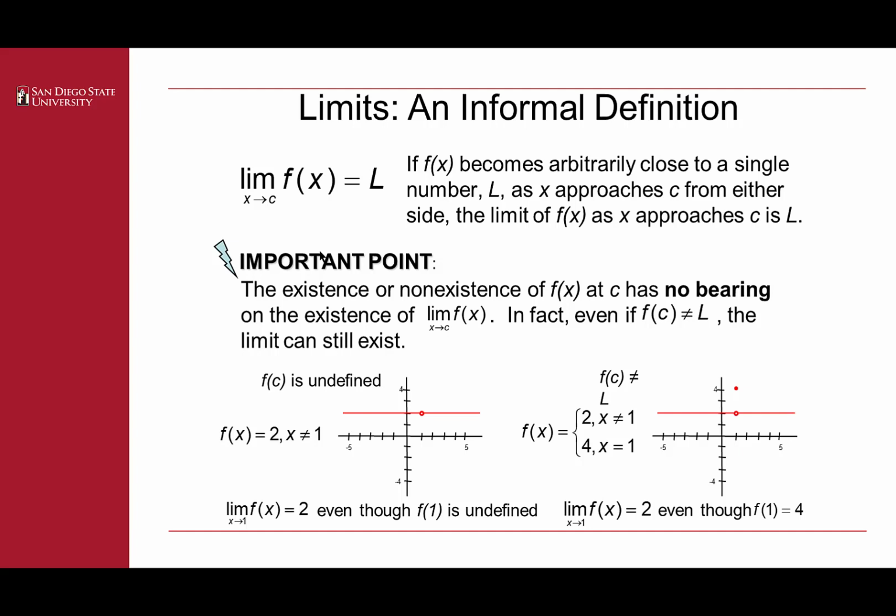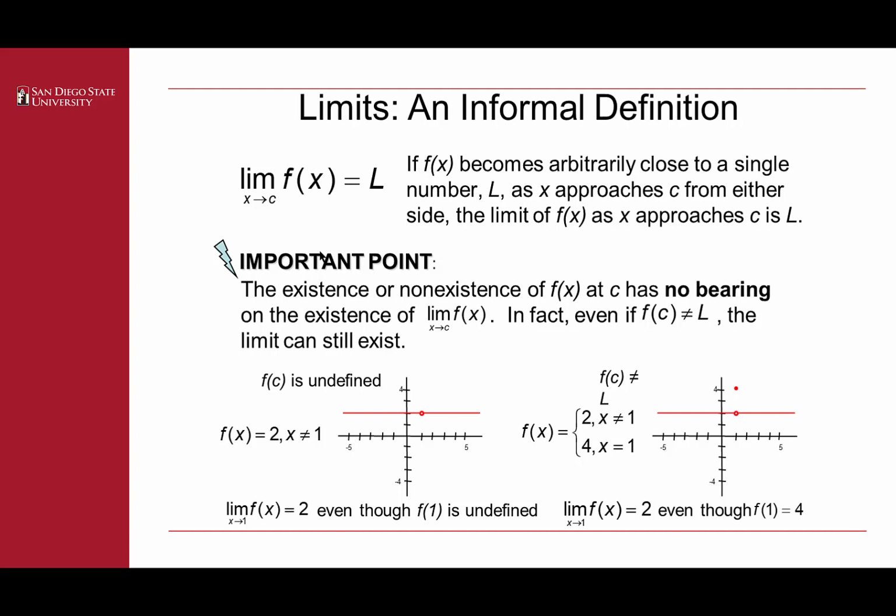Let's look at the second case on the right side. Here we have another function, f of x, and it is 4 when x equals 1, and it is 2 if x is not equal to 1. So we again have a straight line, but at x equals 1 we do not have a gap.